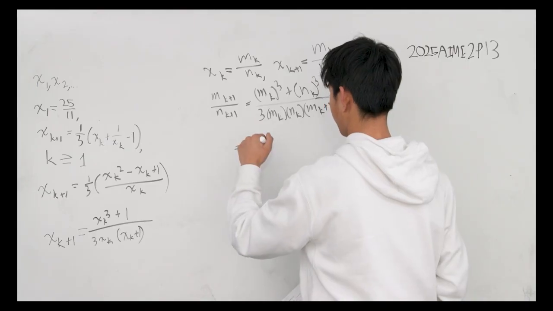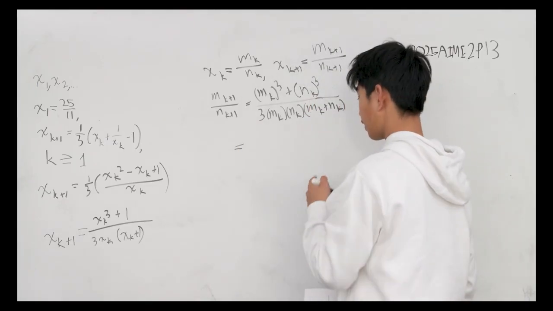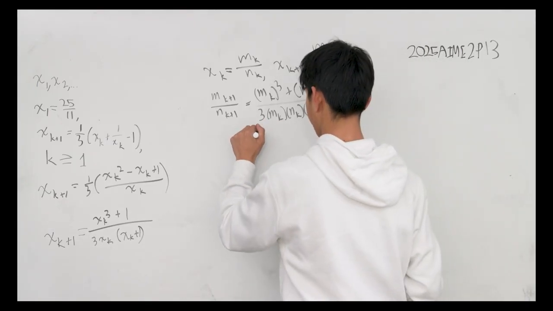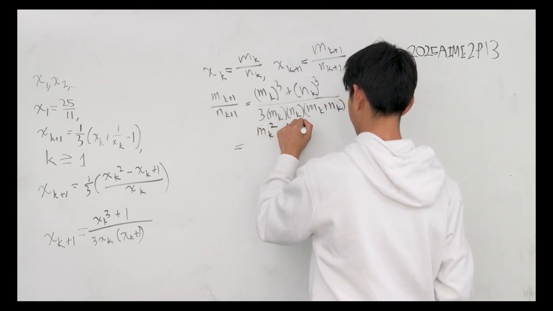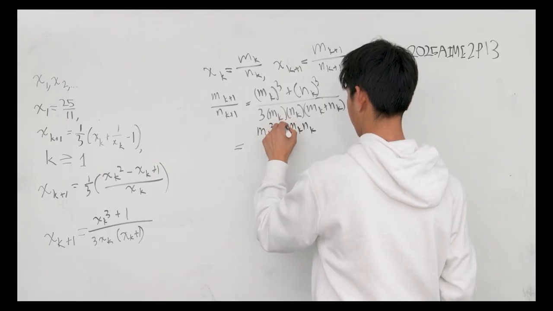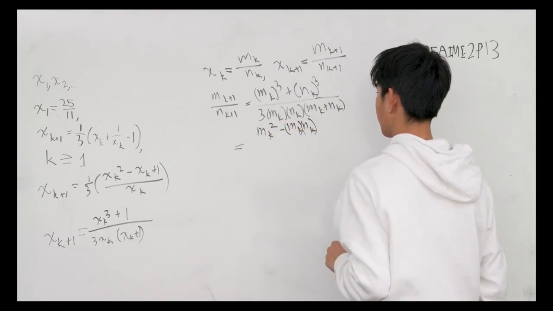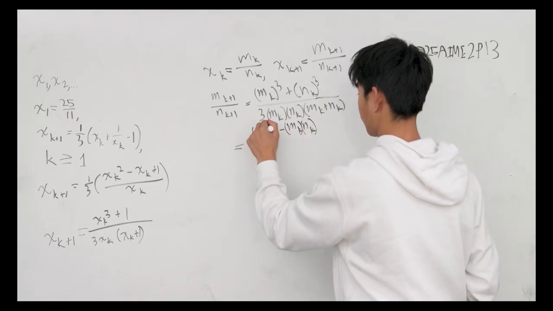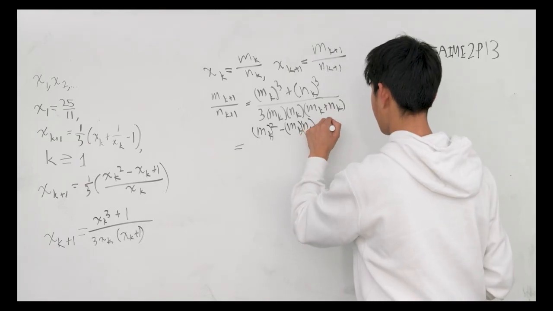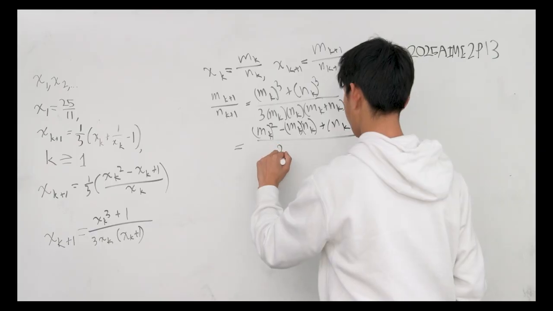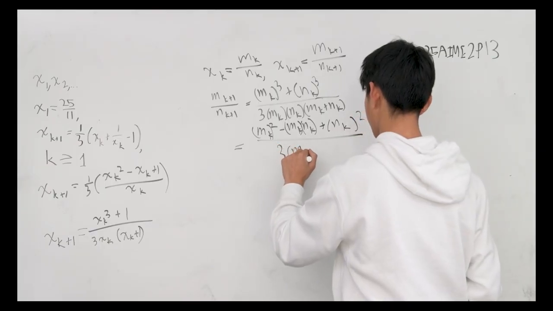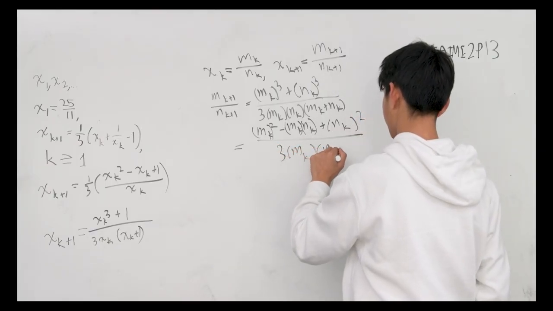Now here, what we can do in this case is factor out a term. This one now becomes m sub k squared minus m sub k n sub k, should put parentheses, and then you do plus n sub k squared, over 3 n sub k times m sub k.